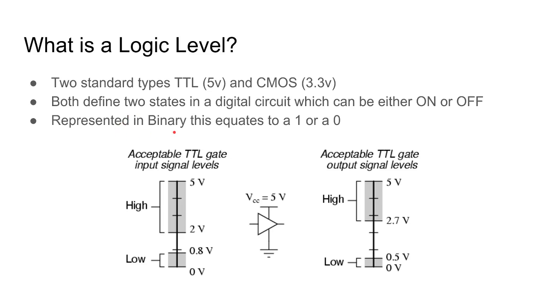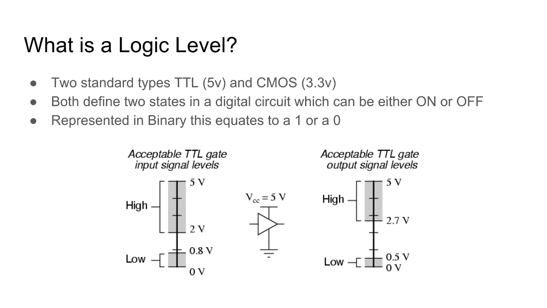And these two states represent the binary numbers of a 1 or a 0. An on state would represent a 1, and an off state would represent a 0.